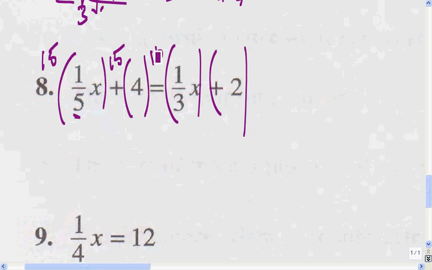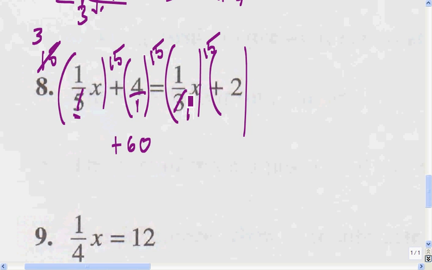So I'm going to multiply every term in the equation by the common denominator. That's going to allow the denominators to cancel out. 15 goes into itself once and 5 goes into 15 3 times. There's no denominator here, so I'm just going to multiply the 4 and the 15, which equals 60.